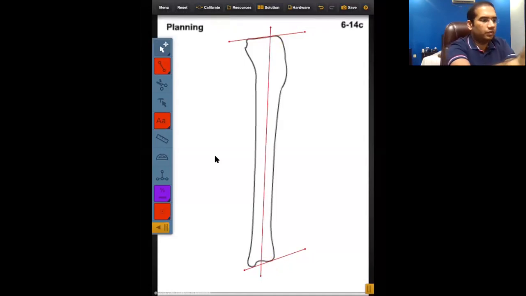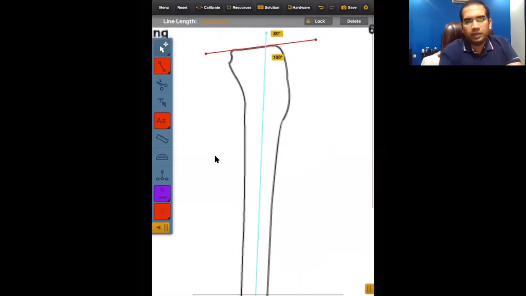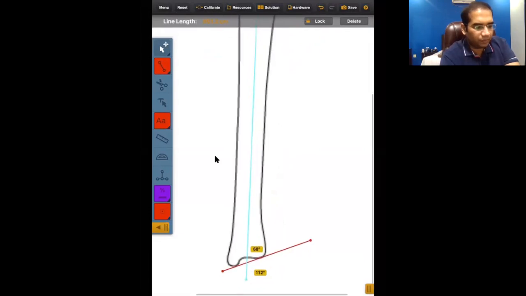Now let us see what angles we have gotten. The posterior proximal tibial angle is 80 degrees, about normal, while the anterior distal tibial angle is 68 degrees, abnormal. So we know that there is a recurvatum deformity in the ankle joint.